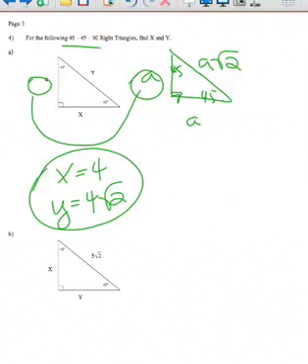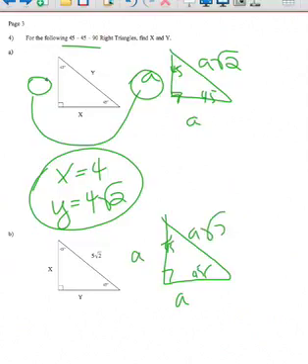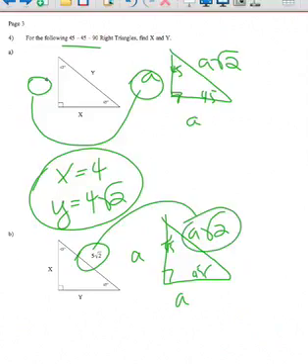Pretty simple. And again, come over here, draw a right triangle, 45, 45. We have A rad 2. And this time they give us the hypotenuse, and they show us that A rad 2 equals 5 rad 2.